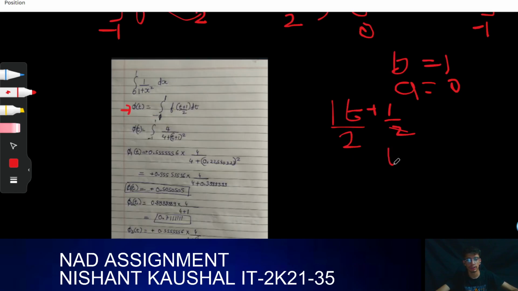So it could be written as (t plus 1) upon 2. If it's (t plus 1) upon 2, we put it in place of x, so it will become (t plus 1) whole square upon 4. The 4 goes in the numerator and we have taken the LCM, so this will be our final equation.